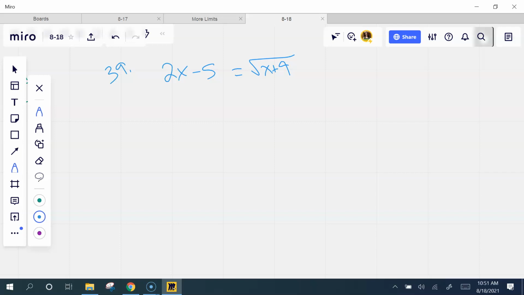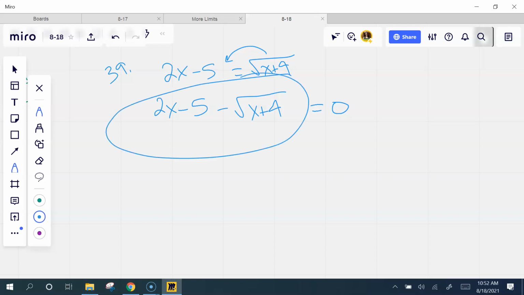Okay, then let's do that. So I would move this one because it's only one thing to move. I would say 2x minus 5 minus square root of x plus 4 equals 0.